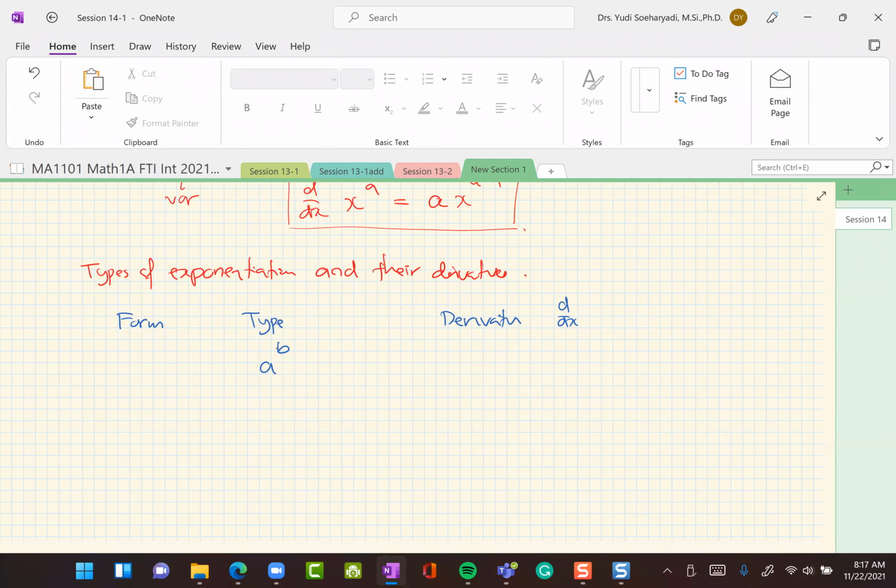So like 2 power 5, 2 power pi, okay? That's another constant. So the derivative is always 0.